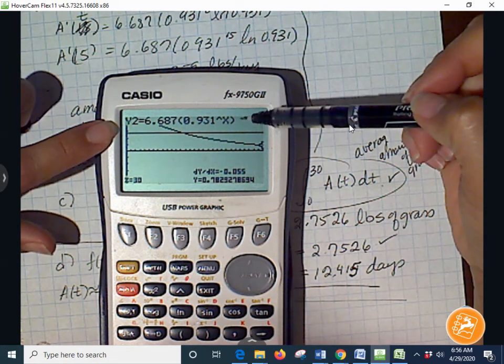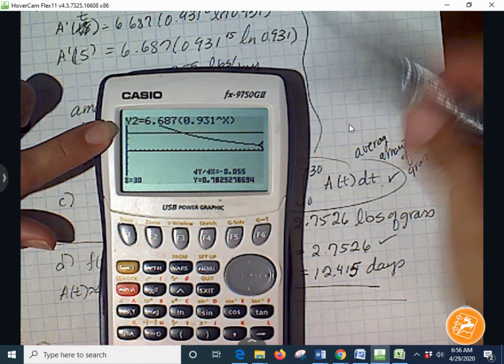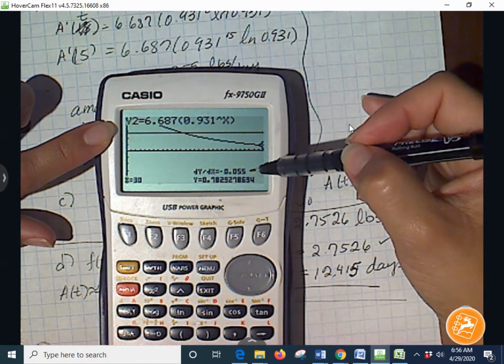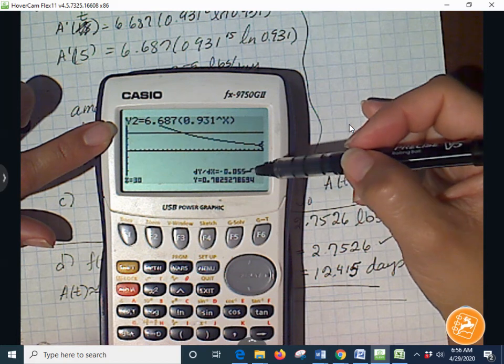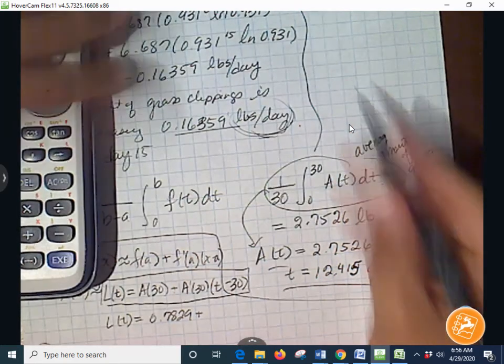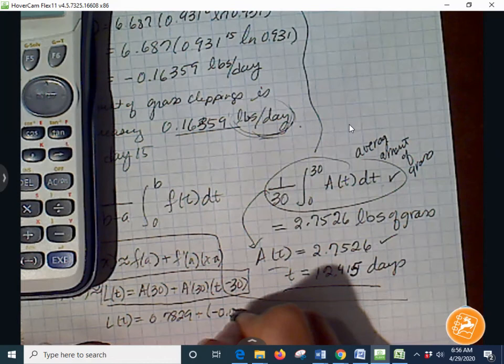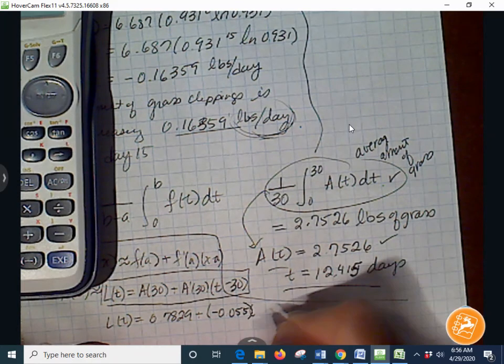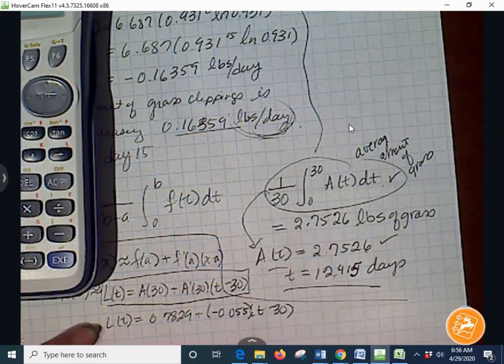I had to make sure that I was on this function right here so that I can evaluate the derivative. And here's the derivative. It is negative 0.055. So it's going to be negative 0.055 times t minus 30. This is my linear approximation line right here.